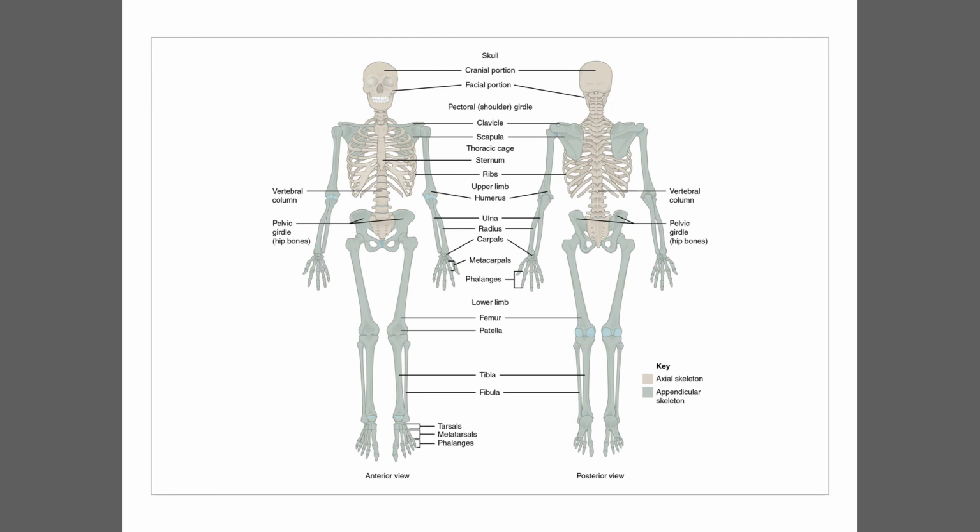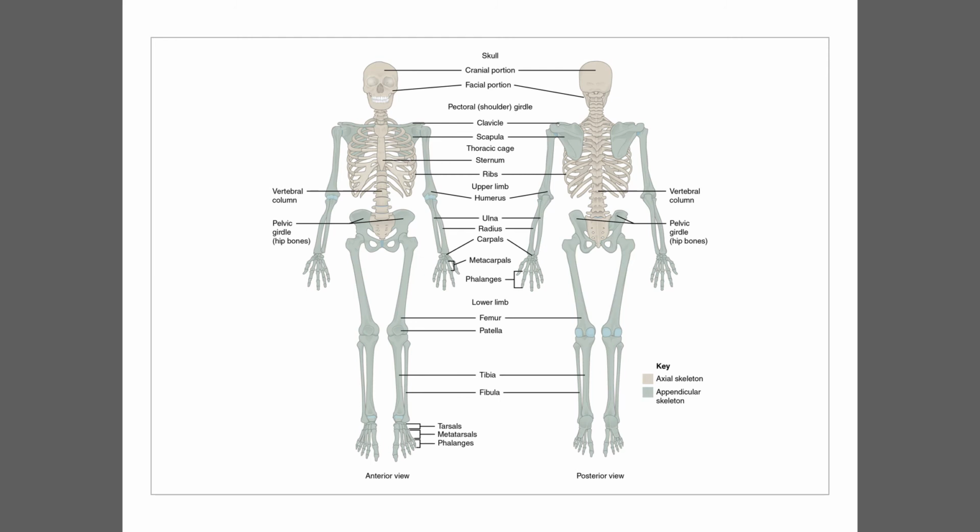All right, so now is a good time to review all the bones that we've gone over in the lecture, and to practice learning them yourself. Skull, you've got the cranial bones, the facial bones, your clavicle, scapula, the thoracic cage, which is made up of the sternum. What were the bones of the sternum?